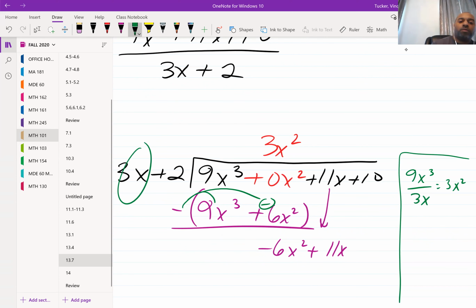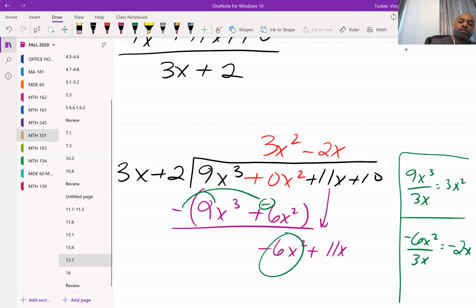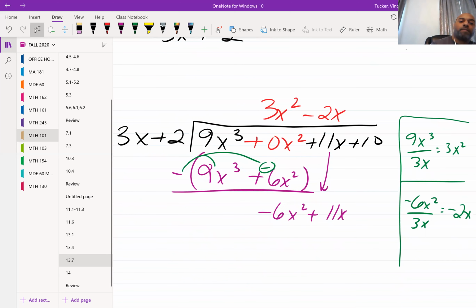So what times 3x will give you negative 6x squared? So that'd be negative 2x. Multiply it to both of these.